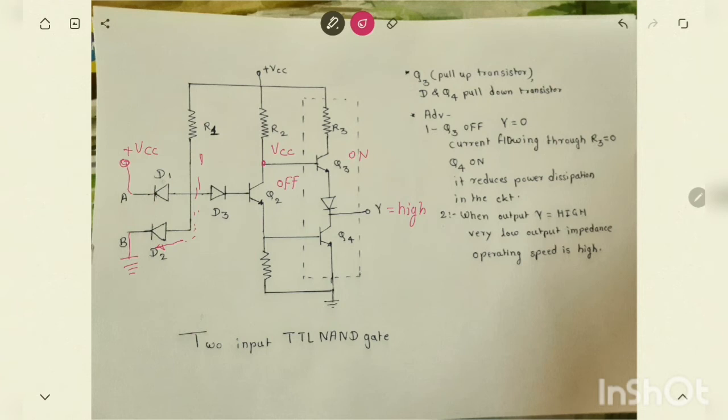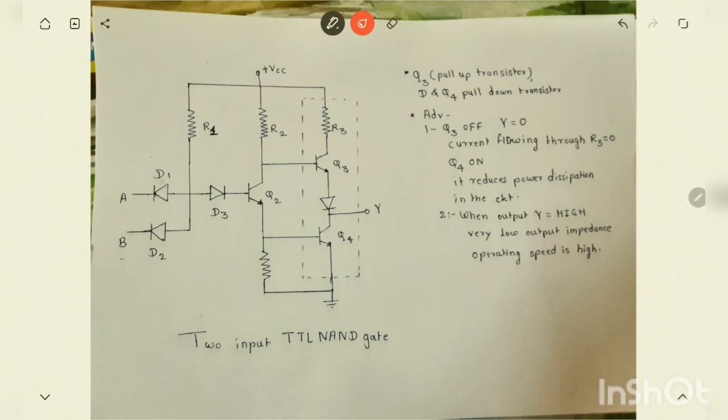Q2 is not conducting, and the voltage at the base of Q3 is high. Transistor Q3 is conducting, so you get high at the output.